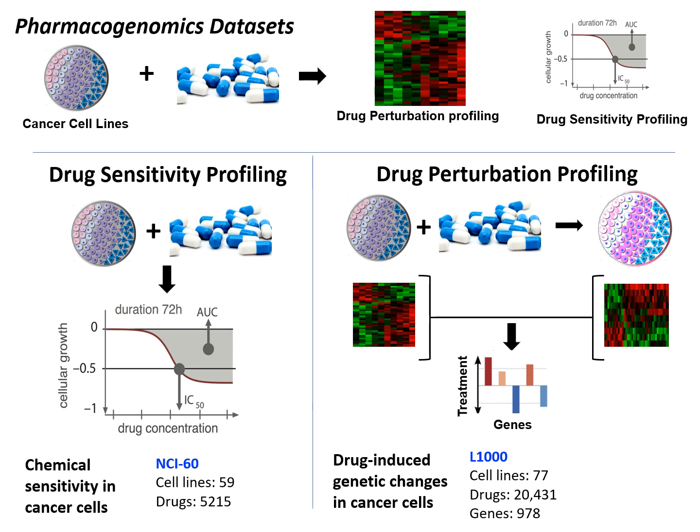If we're looking at drug perturbation profiling, it's slightly a different story. We're looking at the same principle: we have cancer cell lines, and they're treated with varying drugs as well. But in this case, the cancer cell lines are transcriptionally profiled before and after the drug treatment. So we're able to go back and assess how genes are up or down regulated between those two states.